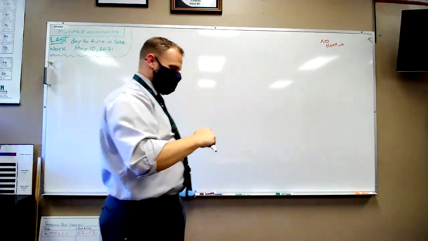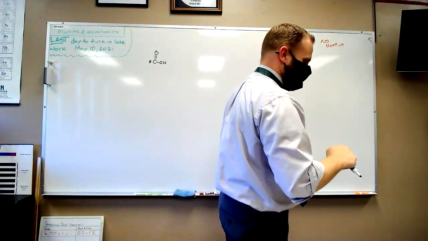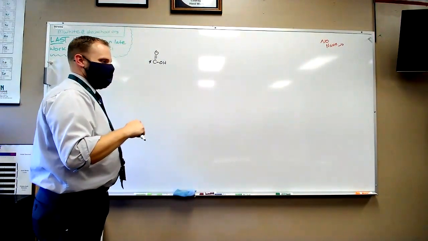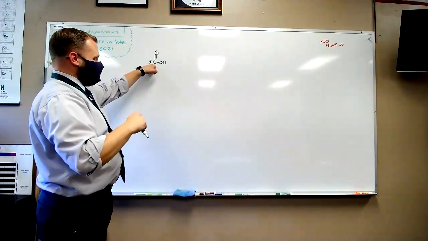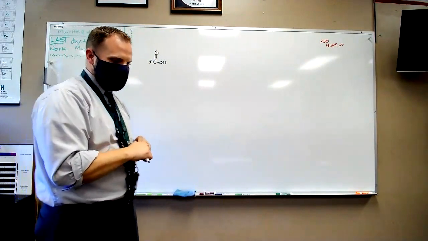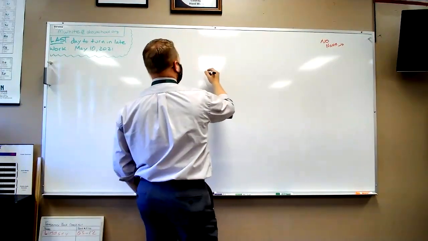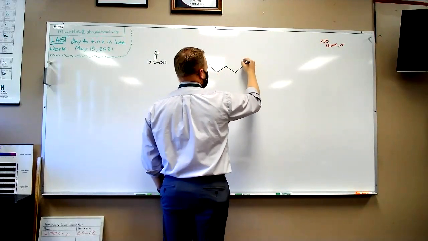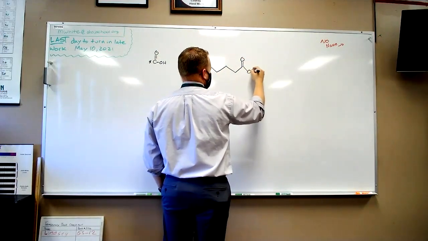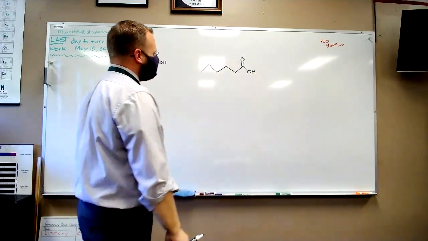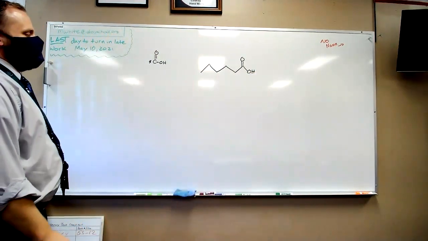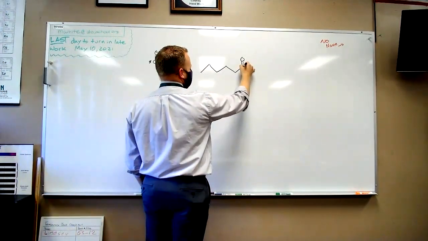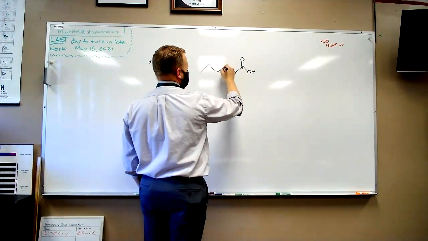So with numbering, that's great because it allows us to know we have to start wherever this is. We count. This is carbon 1. Go the rest of the way.